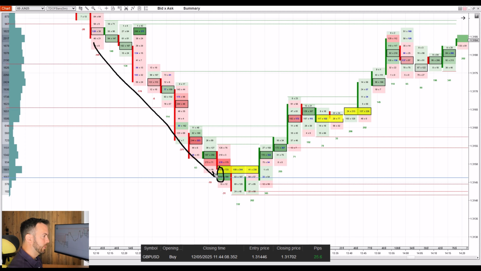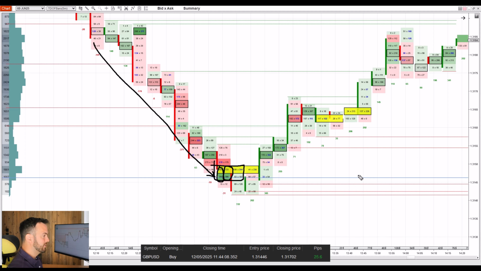That means that sellers were selling aggressively, but then we also see heavy volumes on ask, and that means that the buyers were buying everything the sellers had to sell, and that's why the price did not continue to move downwards, because buyers were buying everything the sellers were selling, so the price stopped, and this was the absorption, right? Buyers were absorbing selling pressure. That's why the price stopped in here, and this was the confirmation for me to jump in this trade, right? So that was the first confirmation for entering that trade, a very strong one.